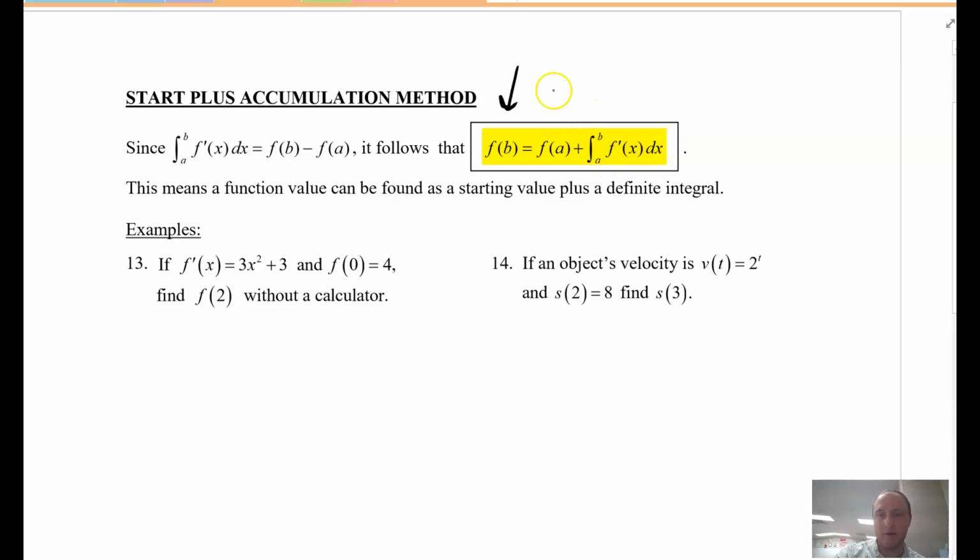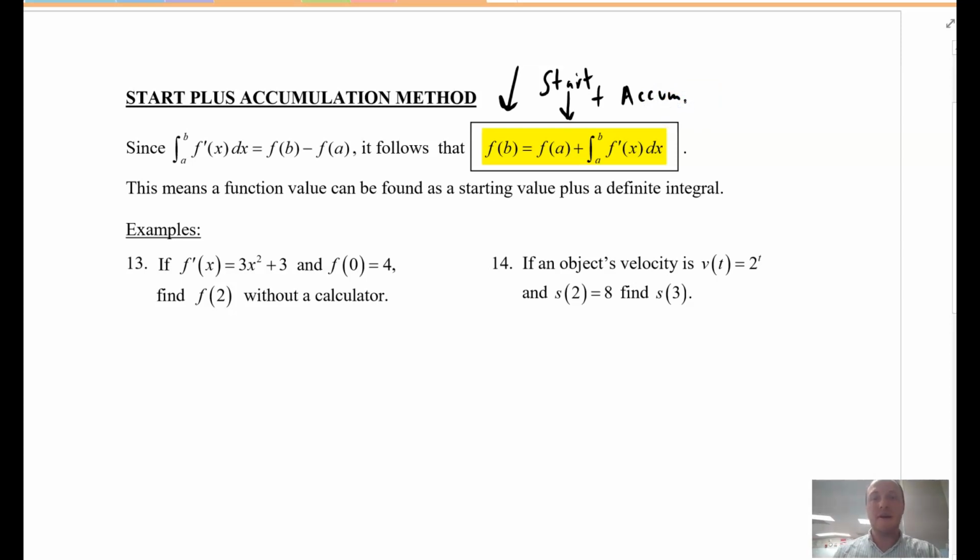So I'm going to start out with the value and then I'll add the accumulation, right? That's why it's called start plus accumulation, because I have this value that I start with plus I am accumulating. Okay, so that's the start plus accumulation method.